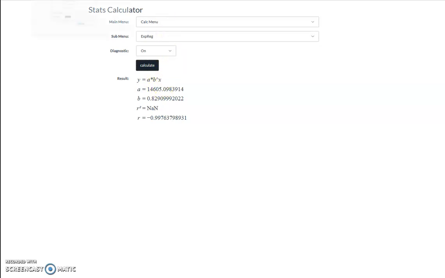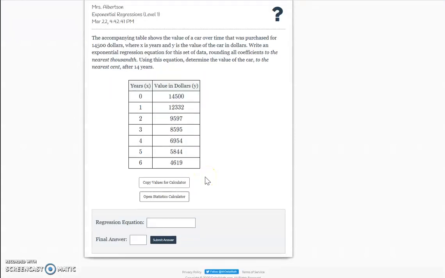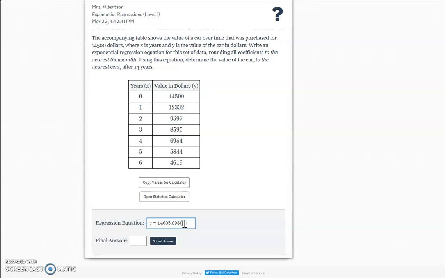All right, so I'm going to go back because I have the information I need. All right, go in the box. We always need y equals. All right, so first we have our starting amount, which was 14,605.098. And then in parentheses, 0.829, close the parentheses.